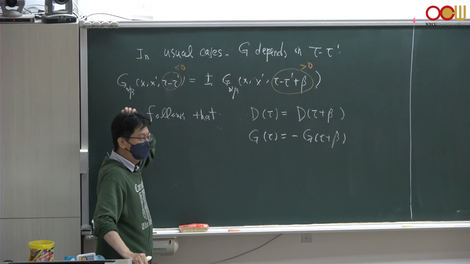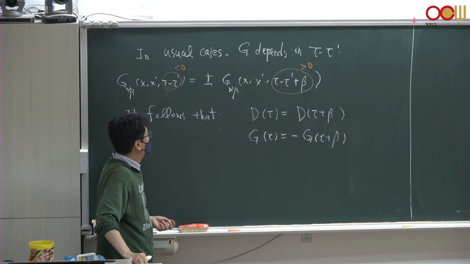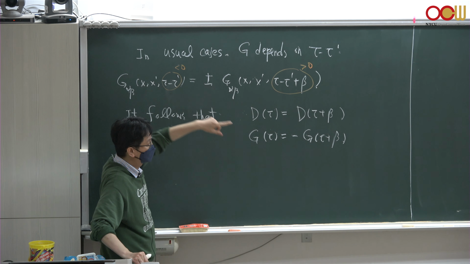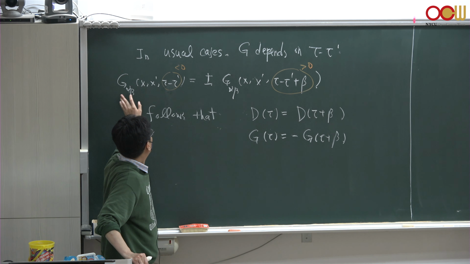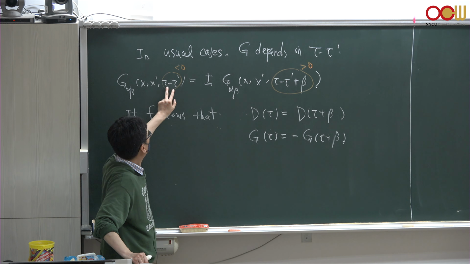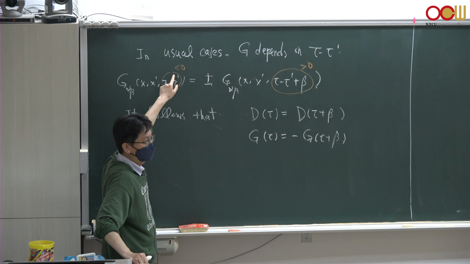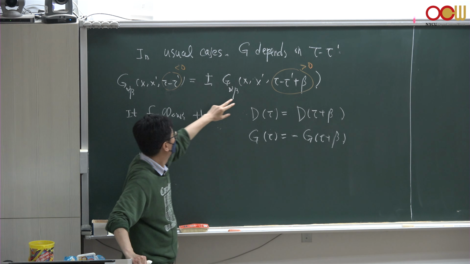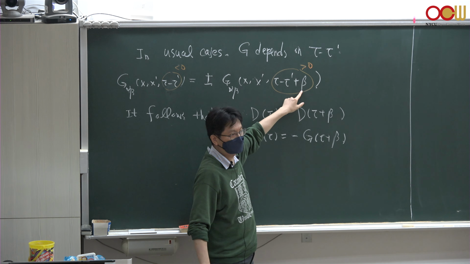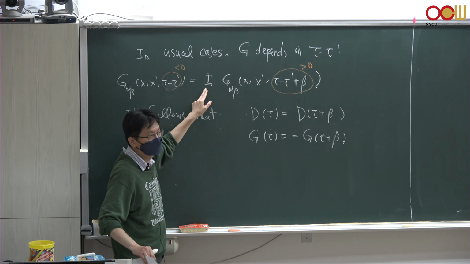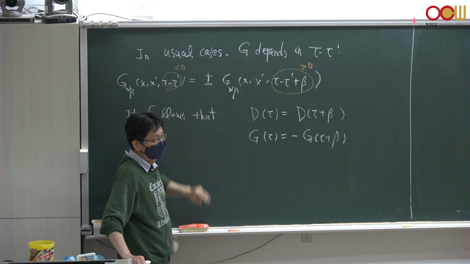In most cases, we are talking about systems with time translation invariance, meaning this Green's function is a function of only the difference between these two times, tau minus tau prime. The previous relation that we just derived tells us that G alpha beta as a function of tau minus tau prime, when tau minus tau prime is negative, is related to the new time, which is positive because tau minus tau prime plus beta is positive, with a plus or minus prefactor here.